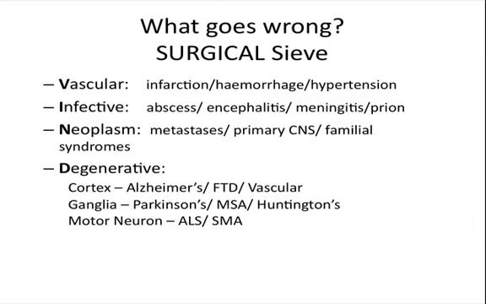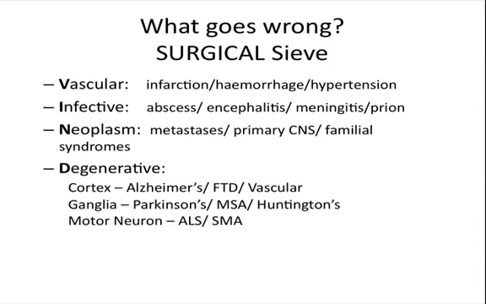When it comes to neoplasm, most commonly it will be metastases that we're thinking about. But there's also several primary CNS tumours. Most commonly, the metastases are secondary from breast, lung, kidney, and malignant melanoma. And the primary tumours are made from the glial cells, so either an astrocytoma or an oligodendrocytoma.